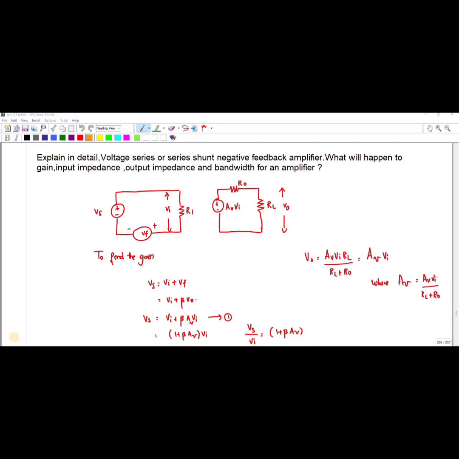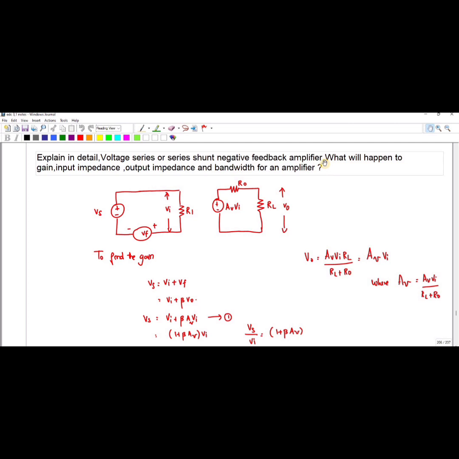In this video, we are going to discuss a voltage series negative feedback amplifier. We know that this is called series mixing and voltage sampling, so this is also called a series shunt negative feedback amplifier.